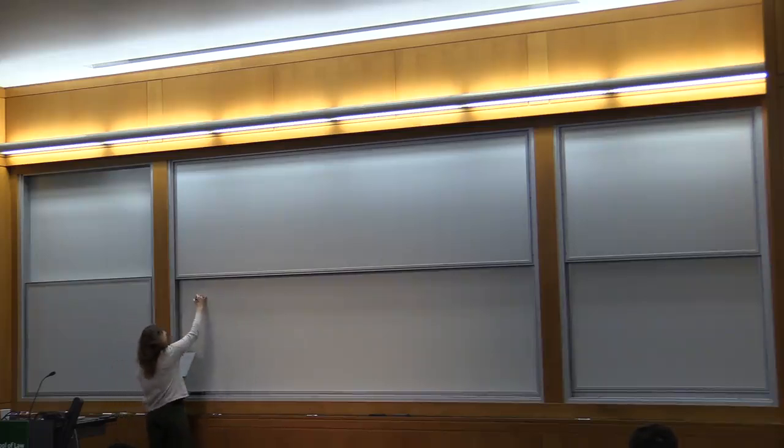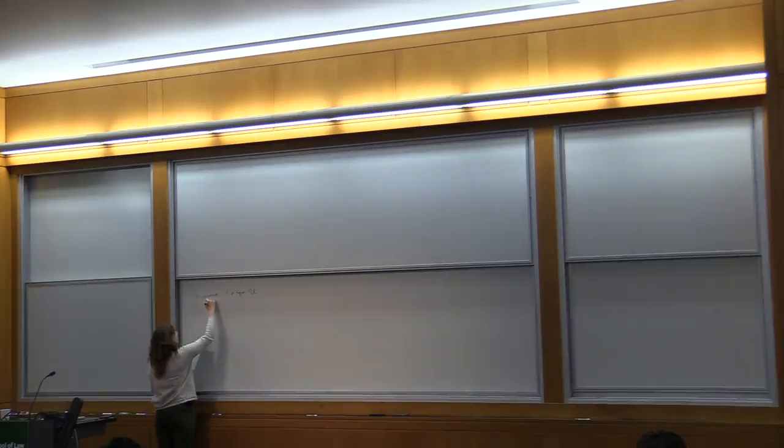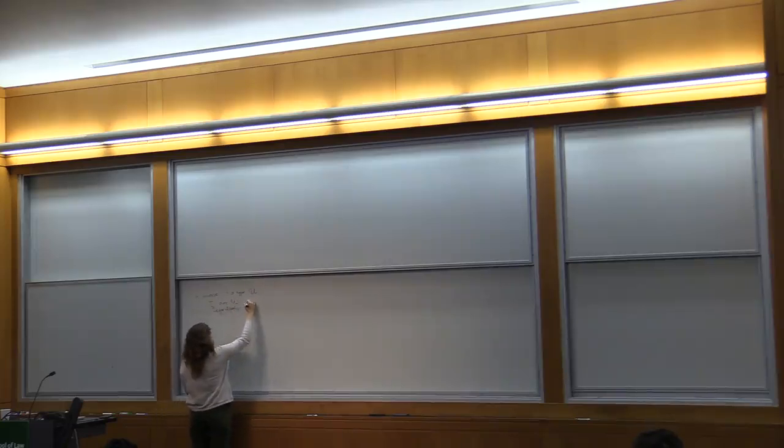So a universe in type theory is a type U in the empty context, and it's equipped with a type family T over U. This is a type family, and this one is called a universal family.